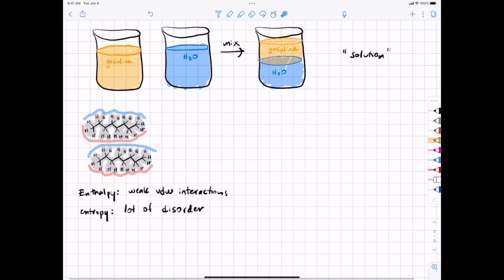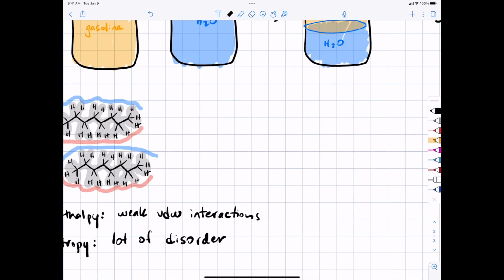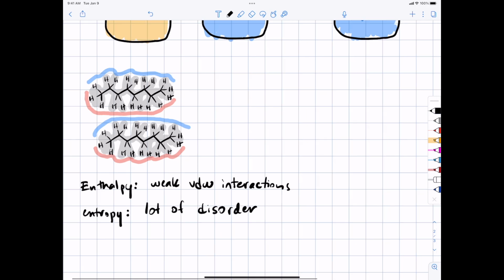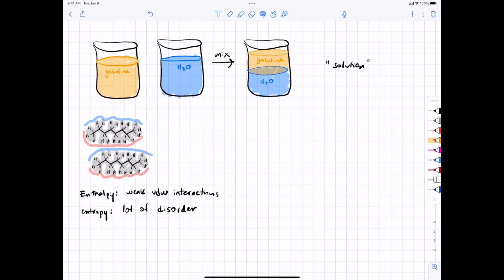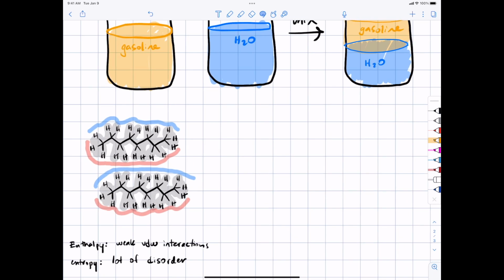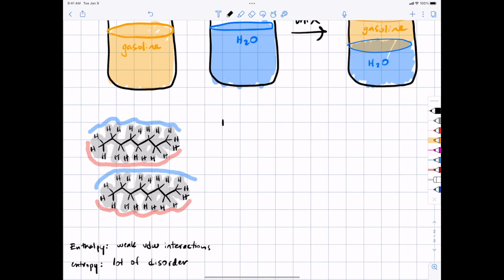All right. In water, what's going on? Well, you have a network of water molecules. And we'll call that hydrogen bonding.